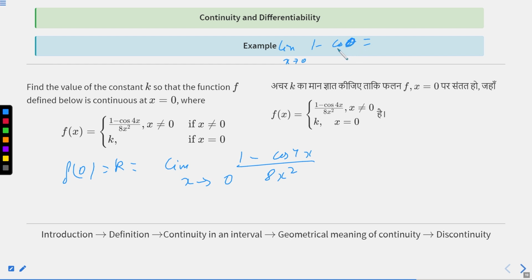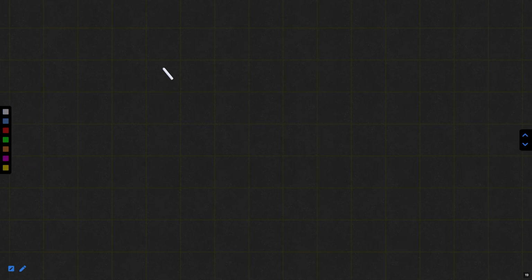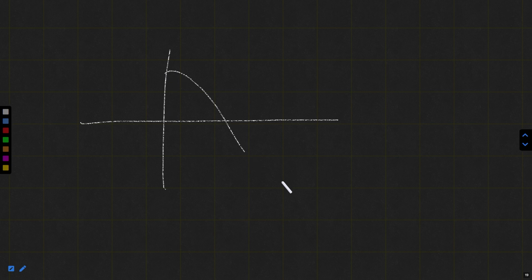Let me just draw the graph for it so that it will be easy to see what is happening. Now you know the graph like this. Now what is happening, quite simple, is that we have 1 minus cos x. If you try to draw this graph, what does this do?